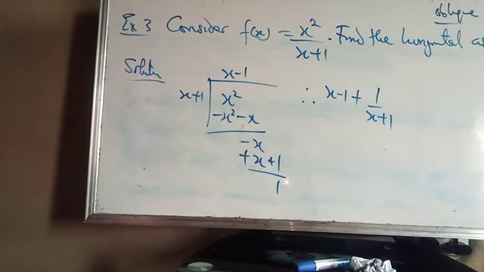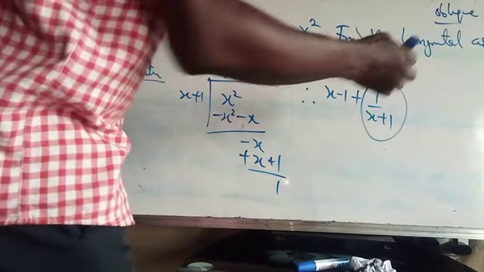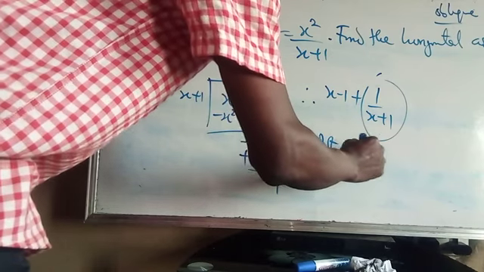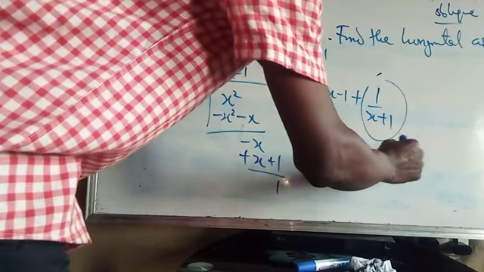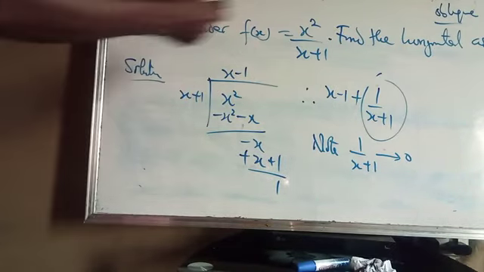Now, 1 over x plus 1, if you take its limit, it tends to 0 as x tends to infinity.